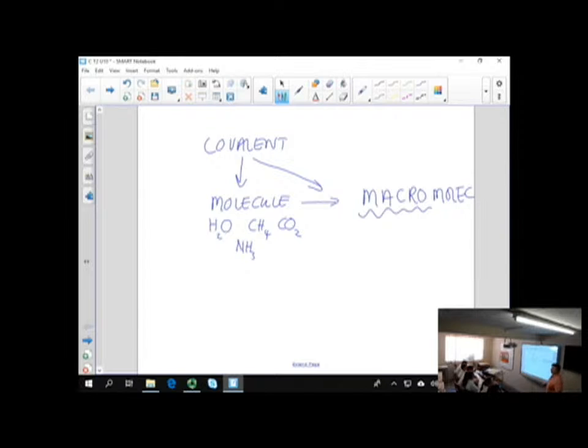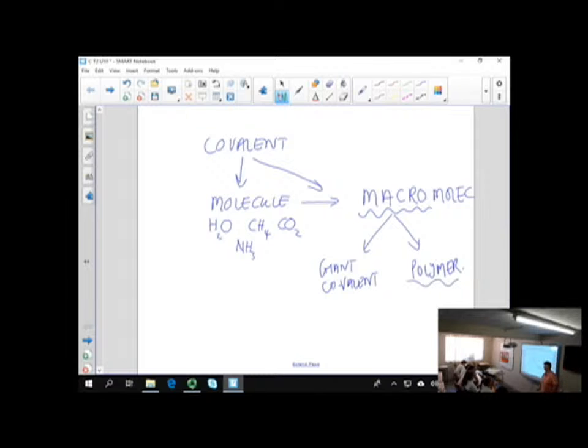The word macro refers to very large. We basically get 2 types of macromolecules. The one is the giant covalent, and the other one is a so-called polymer.